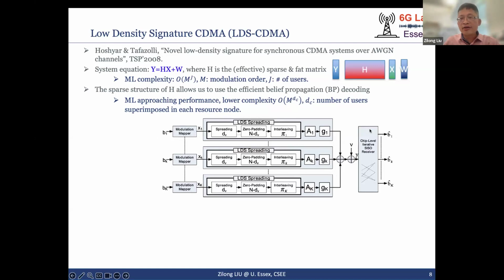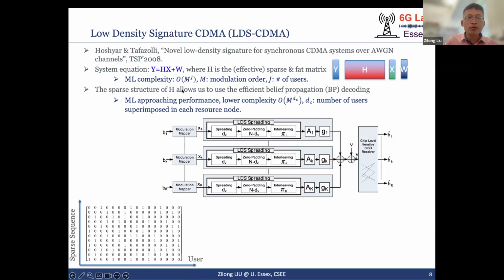From the receiver point of view, we see the system equation y = Hx + w, where H refers to the effective channel matrix. If we carry out ML decoding, we have a complexity of M to the power J, where M refers to the modulation order and J refers to the number of users. Of course, when the number of users is very large, we are unable to afford ML detection.